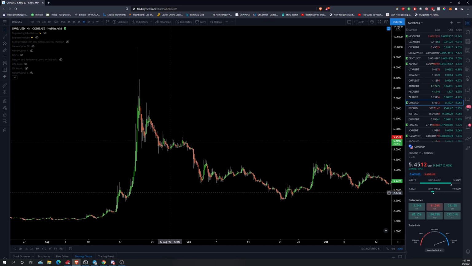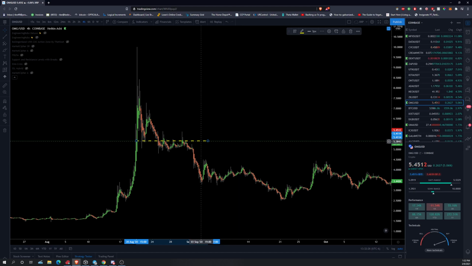Way back here in, what is that, August 26, 2020, we got this resistance. Well, it was support, turned into resistance, and then it fell through. This line right here, it's basically right on that line. That's interesting.